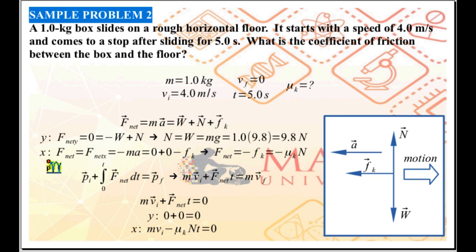Going now to the x component of F net. F net x component of a, acceleration, horizontal, negative direction, so minus ma. Weight and normal force are vertical, no x component. Kinetic friction is horizontal, negative direction, so minus F sub k.